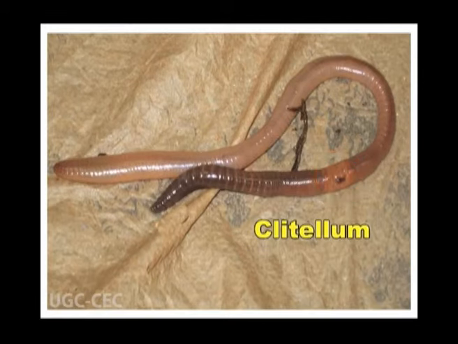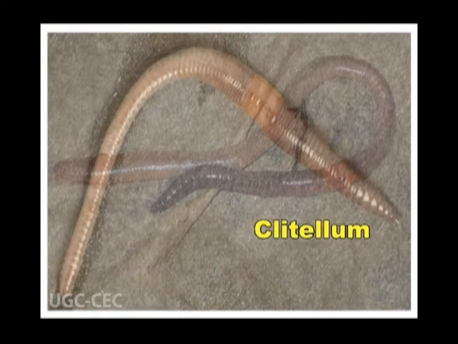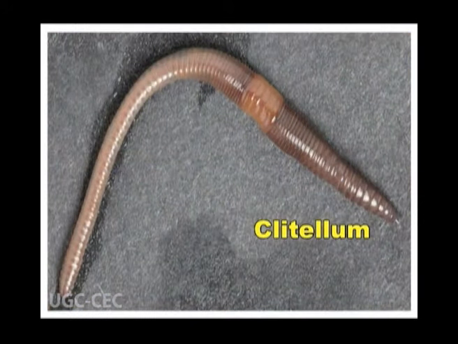Clitellum. In sexually mature worms, a girdle-like smooth band of glandular tissue which completely surrounds 3 segments, that is 14th, 15th and 16th, is known as the clitellum. It is a landmark in the external features of the earthworm. The secretions of the clitellum are used in the formation of cocoon during reproduction.